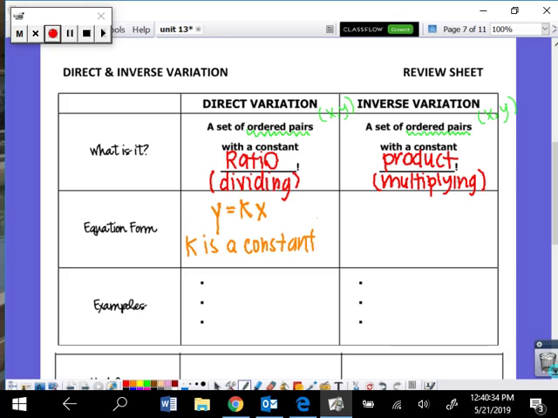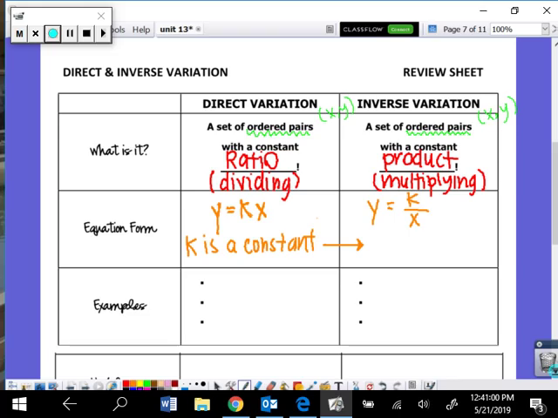Next we have inverse variation. The equation for inverse variation is y equals k divided by x. Again, k is a constant for that equation. So if you notice, direct variation in the definition, it said a ratio, but if we look at this equation, we were multiplying.